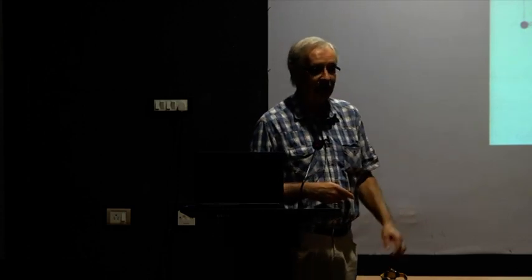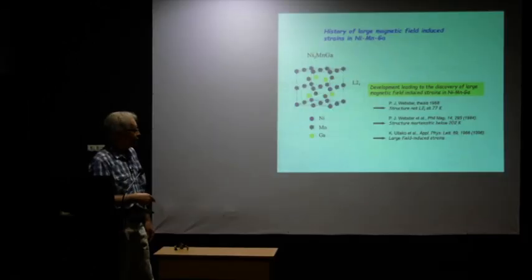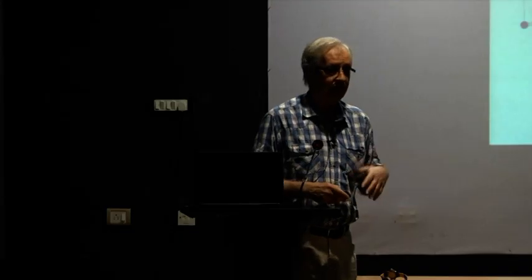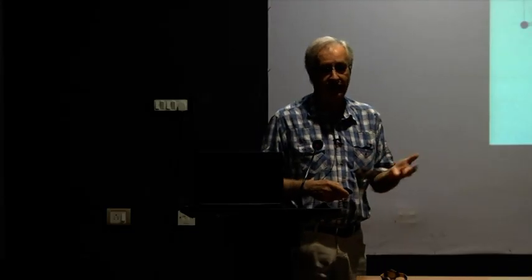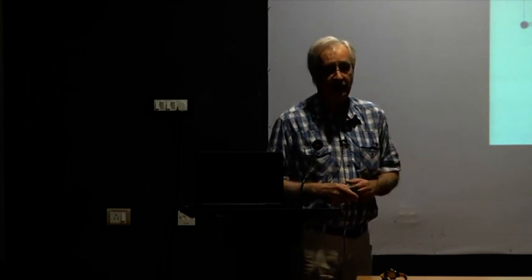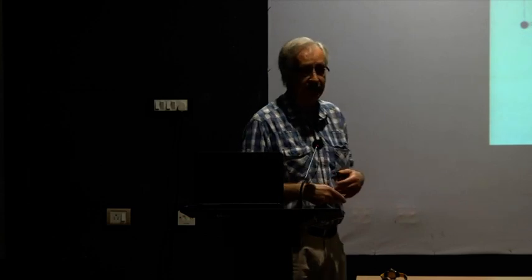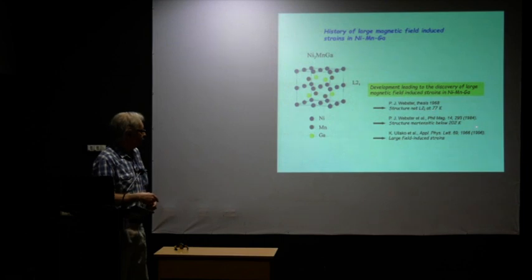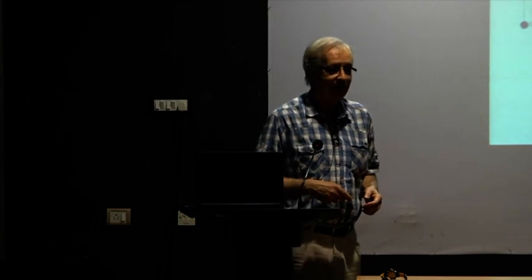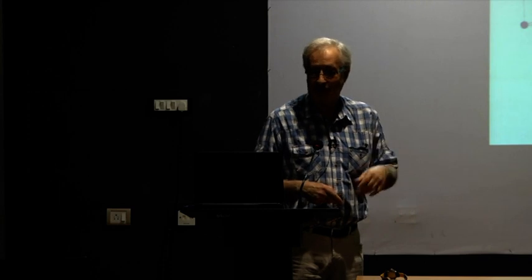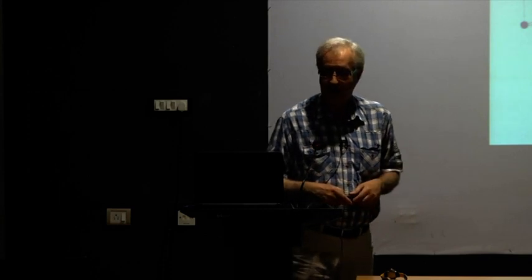And then it was confirmed that the structure below 202 Kelvin was martensitic. Until then, it was not known at all that the nickel manganese based systems showed a martensitic transition, although some of the copper manganese systems were known. So then it took another 12 years for somebody to decide to apply a magnetic field.